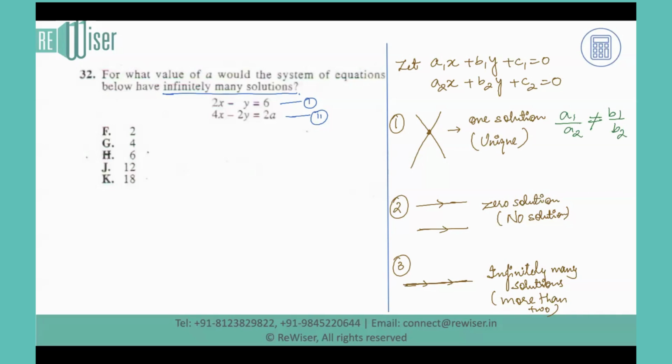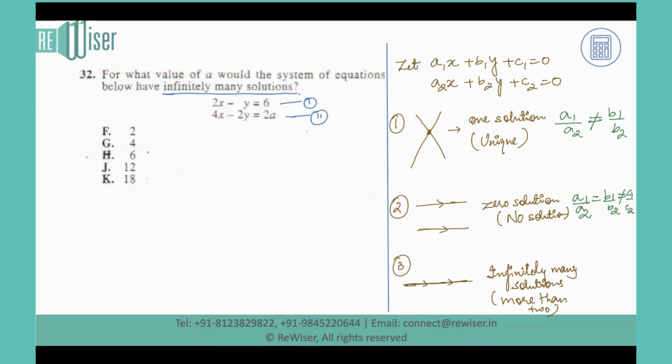Similarly, b1 and b2 are the coefficients of y in both the equations. Now, when we get zero solutions, I'm going to write here a1 over a2 equals b1 over b2, which is not equal to c1 over c2. So this is our second condition for parallel lines.